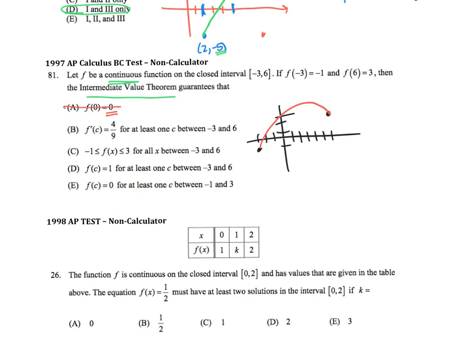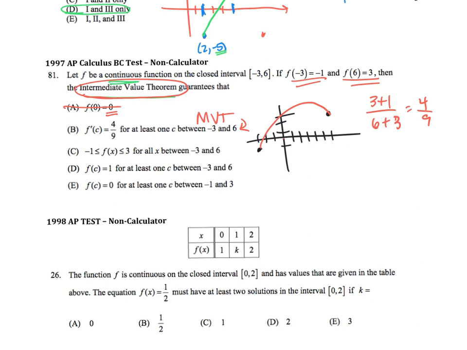Does my slope have to equal 4/9 between -3 and 6? And this is a little misleading because if I were to do the slope between these 2 points, y minus y over x minus x, I would get 4/9. But the question is asking what the intermediate value theorem guarantees? The mean value theorem is what B just talked about.